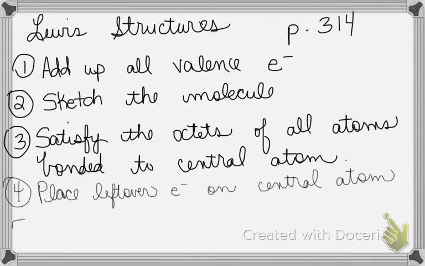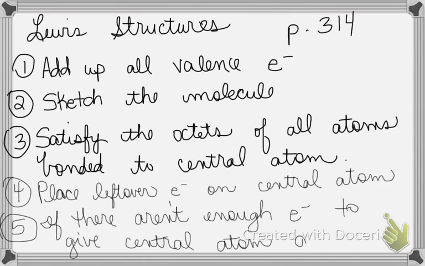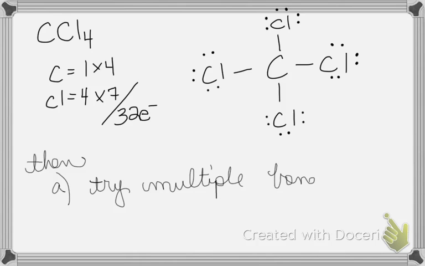Rule 5, which we don't need on this one, I'll show you why in a minute, but just in case you ever need it: if there aren't enough electrons to give the central atom an octet, and I'm running out of room, so I'm going to have to put the rest of that rule on the next slide, then A, you can try multiple bonds, or B, it may be an exception to the octet rule.